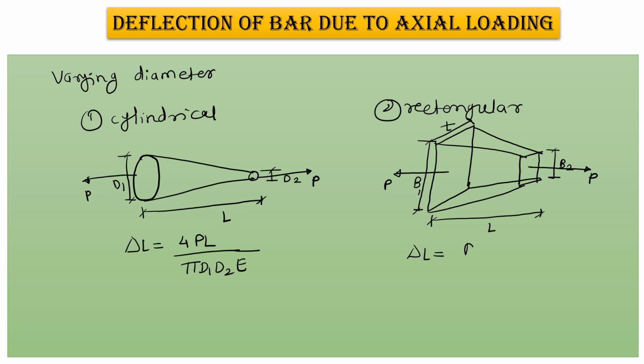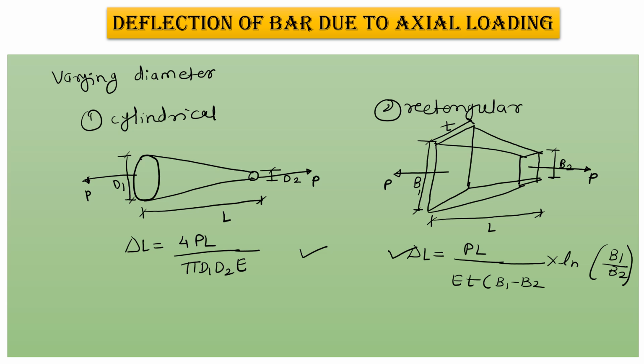Delta L is equal to PL divided by E t into bracket B1 minus B2 into log of B1 by B2. So these are the two formulas for the deflection of bar due to axial loading. These two formulas are directly asked in the exam, so these formulas are important.